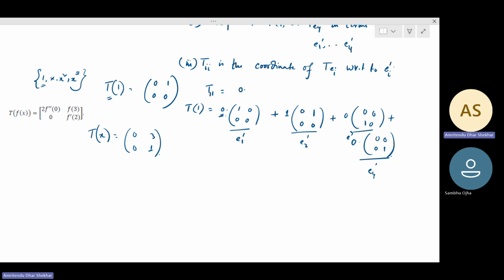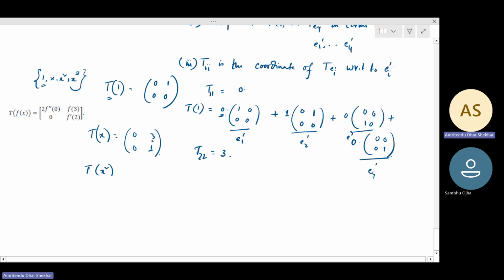So your T of x over here, so if you write T22, the coordinate is 3 with respect to this matrix. So T22 is equal to 3.